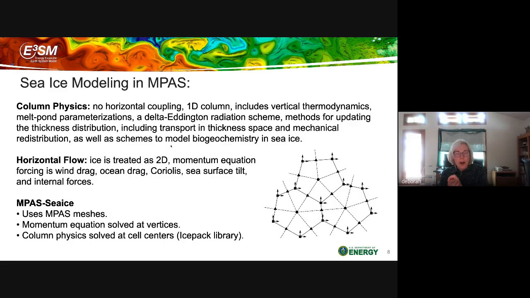That's all done on an individual column. There's no horizontal coupling. And it also includes things like melt ponds, as I said, the radiation scheme, and also, in more sophisticated models, biogeochemistry. And so that's done separately on each column or category of ice in the thickness distribution.